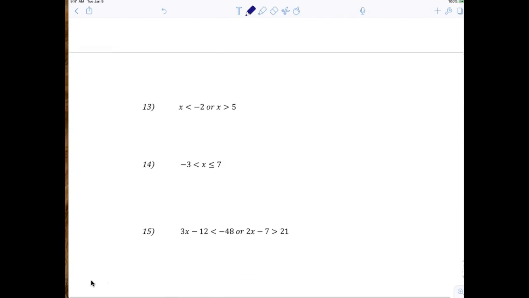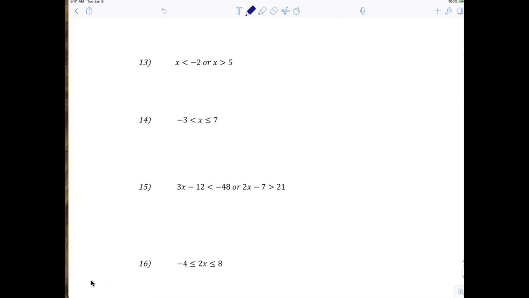All right, so those are a good couple practice problems there. Now we're going to get into the compound inequalities. Now I'm really hoping you're learning to see this, right? If you're less than negative 2 or greater than 5, you're going in what? Opposite directions, right?